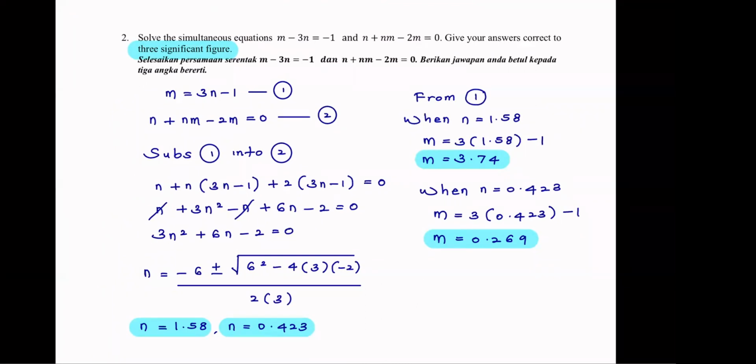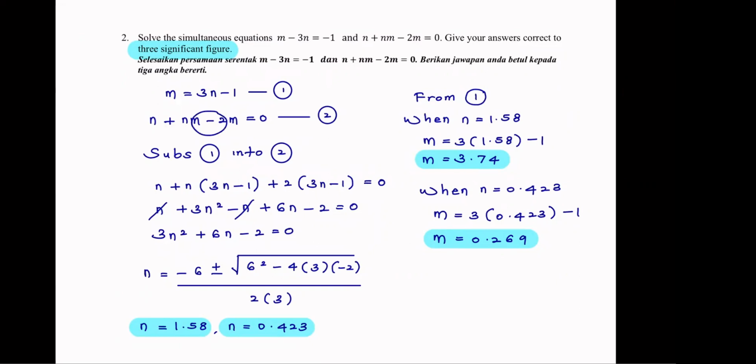So, but the equation that they are n plus mn minus 2m. Saya sudah silap. Minus, here minus, is that correct here?